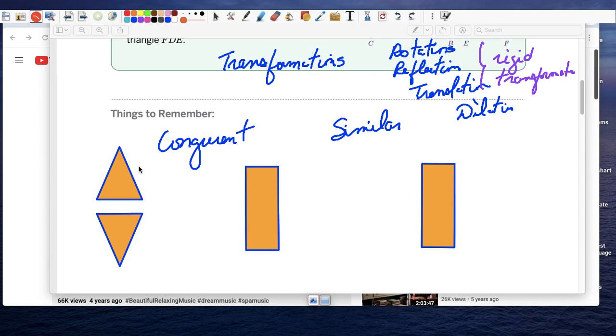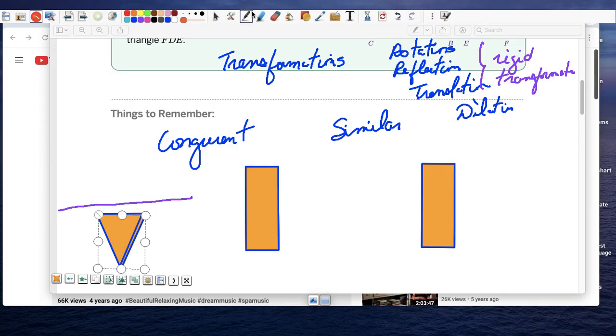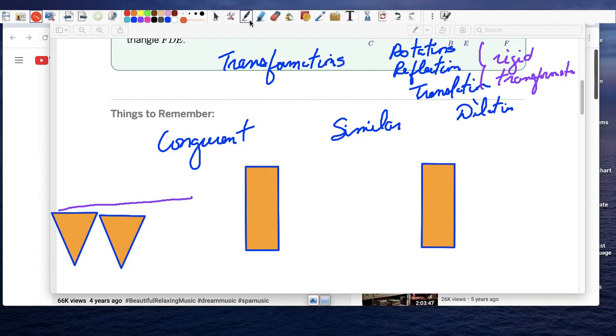Can you prove it? Well, yeah, Mr. Cho, we can. Here's a line, right? And then all you got to do is take this guy here, reflect it, and do they end up right on top of each other? And if they do, they are congruent. Same shape, same size, right? Preserves the shape, the same shape and same size. So congruent, I think you think about same shape, and obviously same size.